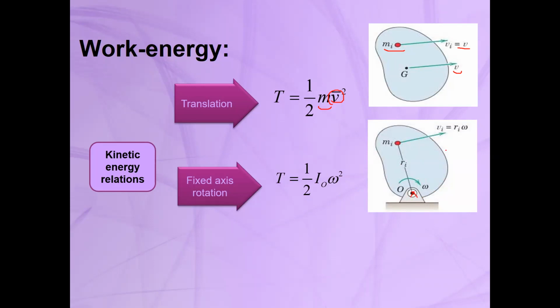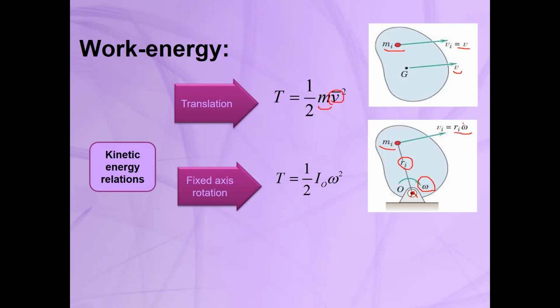So there is no translation, there is no linear velocity, v, and here we have only one angular velocity, omega, as you can see. The velocity of each point in this case is related to omega and its position with respect to point O. For example, this point mi, if we call it point I, the velocity of this point is equal to its radius with respect to point O, ri, times the angular velocity omega.